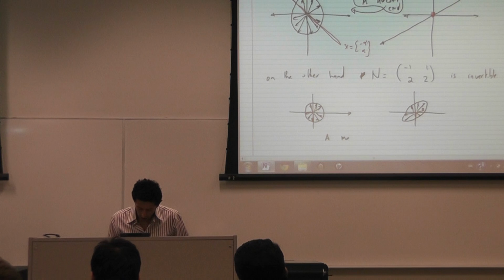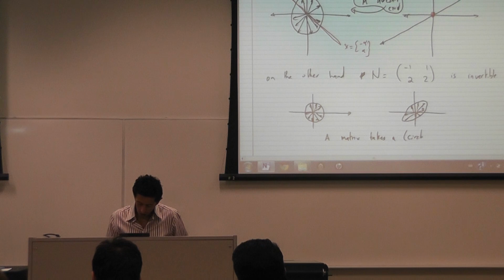So the matrix takes a circle, or a ball for a higher dimension, to an ellipse.